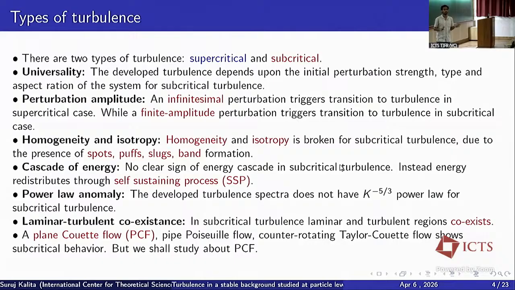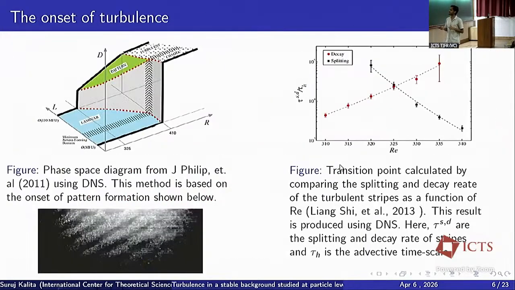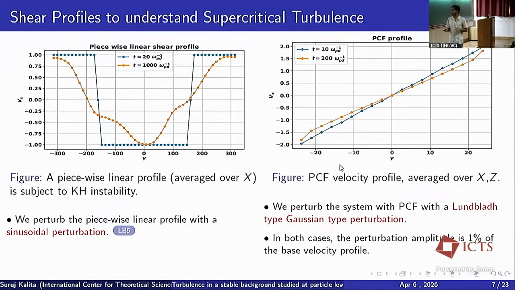This is something like a coexistence of laminar and turbulent regions that is generated when we apply very high amplitude perturbations. As these structures are produced, and there is no inertial range here, that self-similarity is gone. And from that perspective, I think you don't have universality in this case.